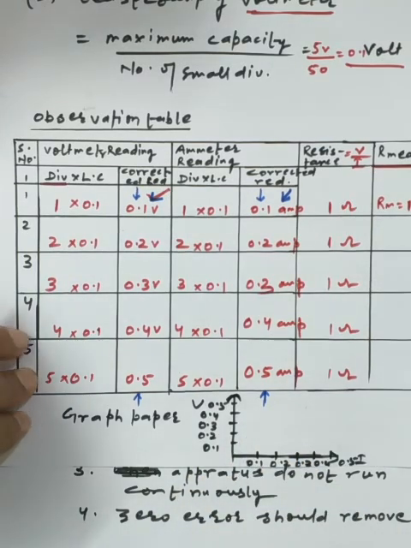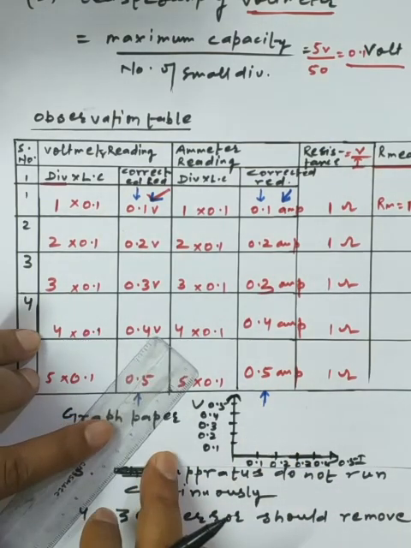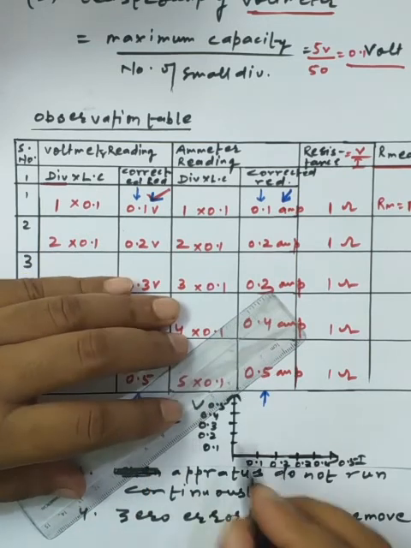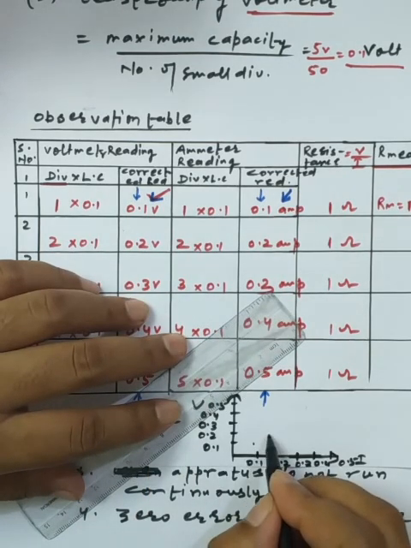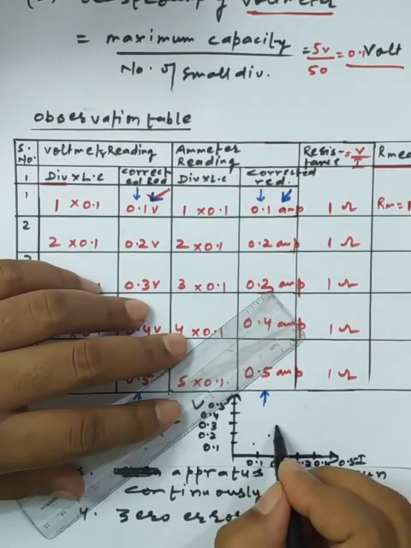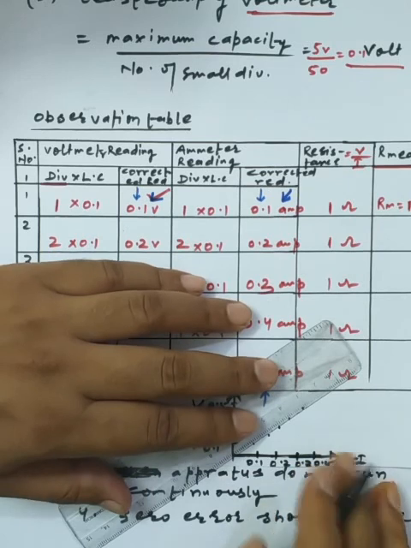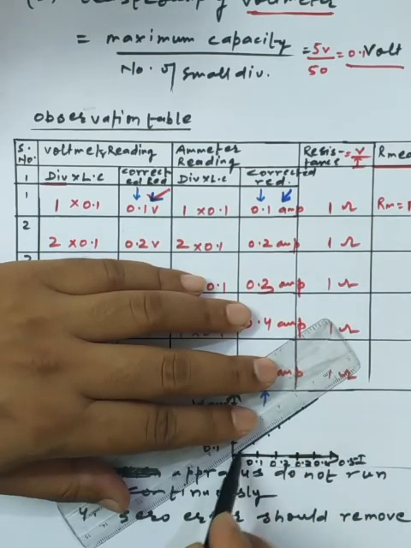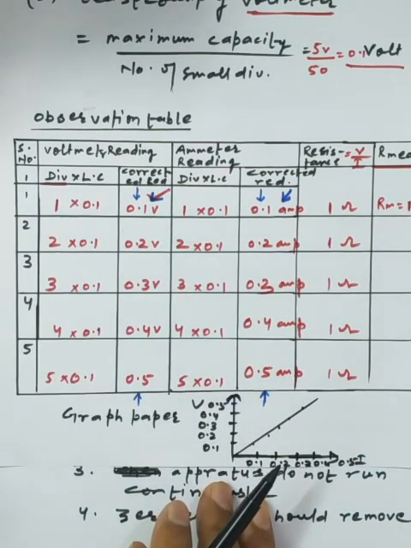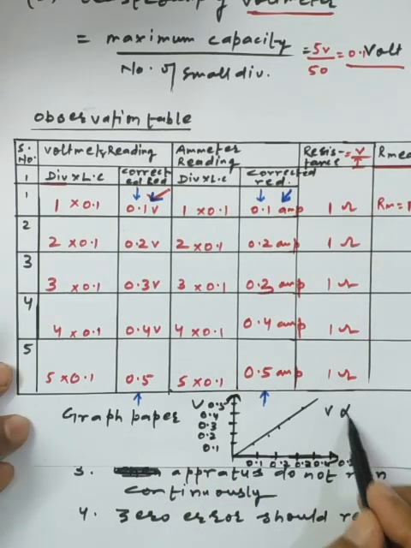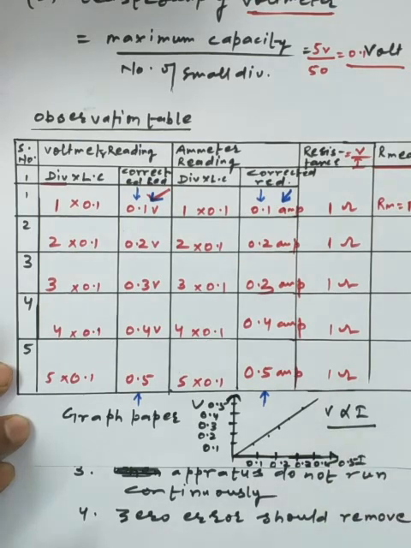Whenever I join all the points, here is one point, this is the second point, and on the graph paper you can easily plot them. There is no special problem. We will get all the points in a straight line. This is one of the basic concepts: there is a linear relation between V and I. Clear.